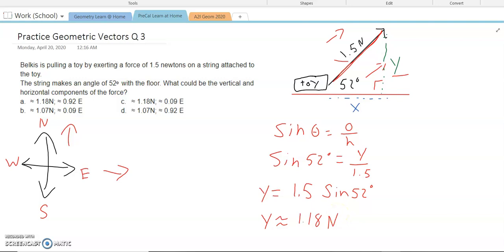Same thing for the x value. If you recognize this is the adjacent piece, we could use the adjacent and hypotenuse to solve for the horizontal component. We use the cosine ratio, adjacent over hypotenuse, plug in our pieces.